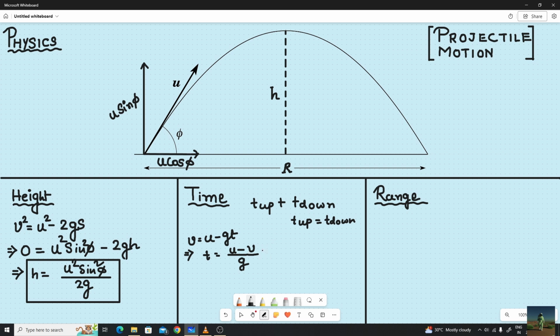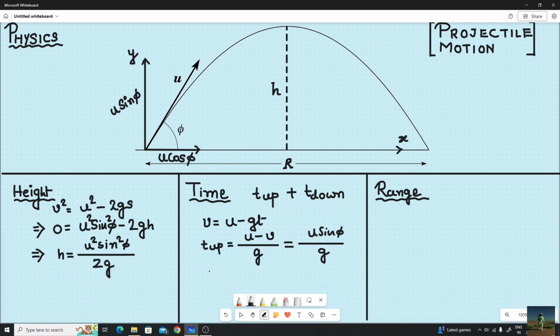What is the value of u? The value of u is u sin phi, and the value of v is 0, divided by g. Now this is the time for half of the flight.